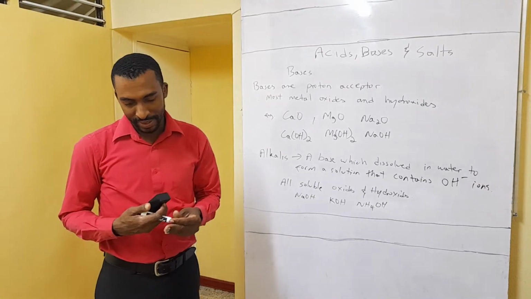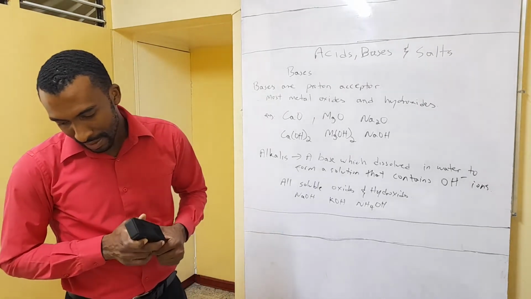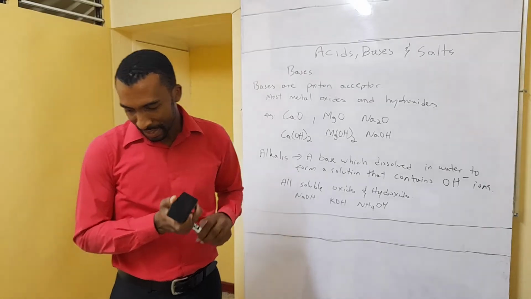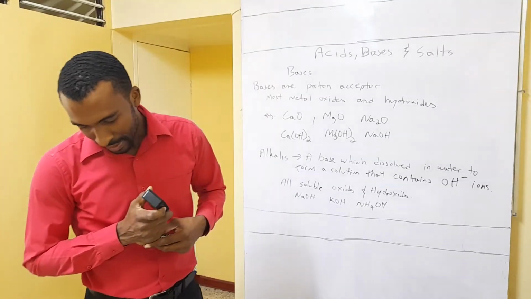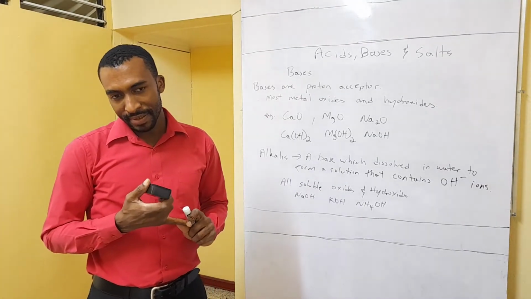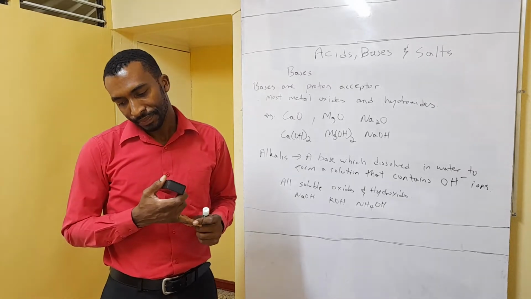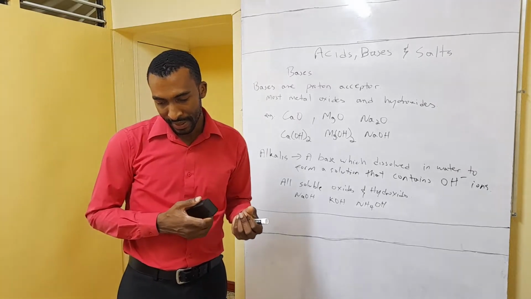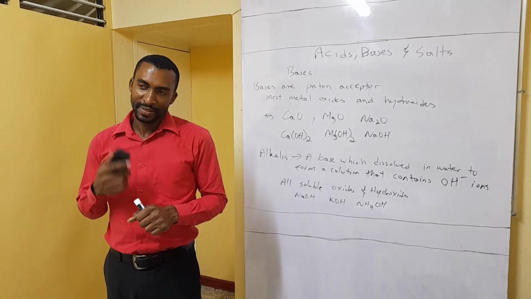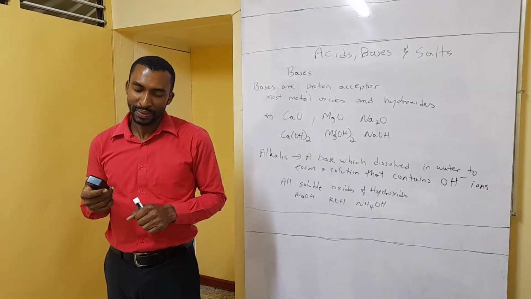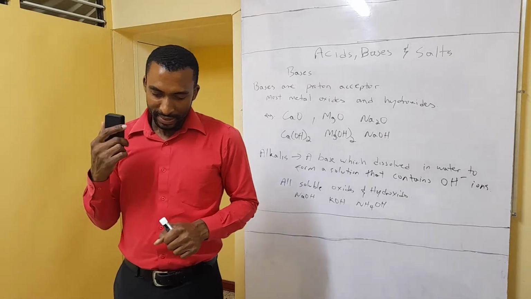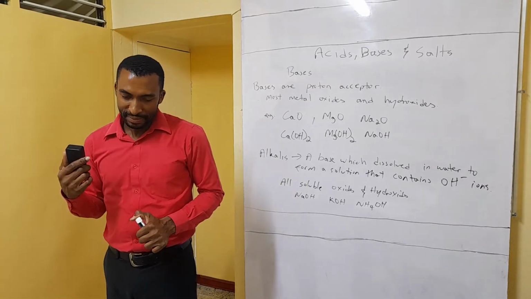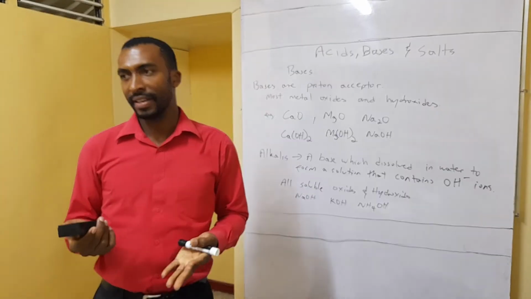Alright, so I'm just going to read this. General properties of aqueous alkalis: they are bitter in taste, corrosive, soapy, they change red litmus paper to blue, the pH is greater than 7, and they also conduct electricity like the acids.